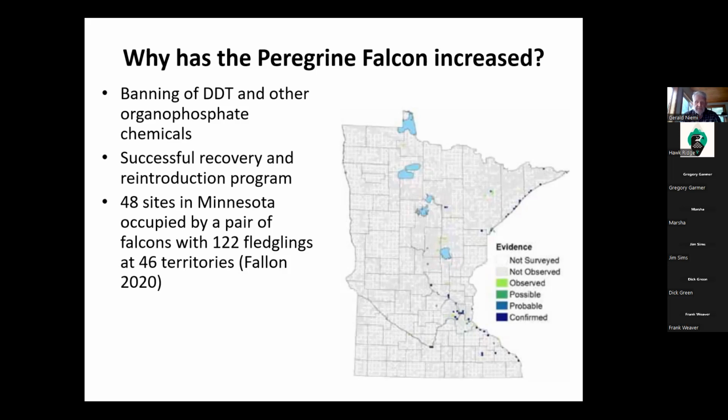So the numbers look very good for the peregrine falcon and that recovery program in the state of Minnesota, probably recovering back to something that existed prior to the DDT period.